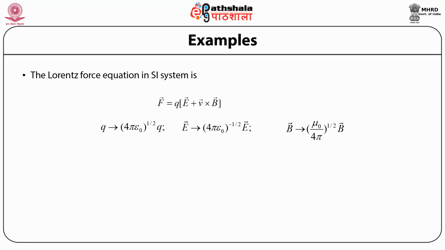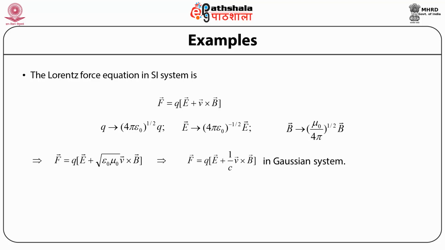Hence in Gaussian units we get F vector equals Q bracket E vector plus under root of epsilon naught mu naught into V vector cross B vector bracket close, or F vector equals Q times E vector plus Q by C V vector cross B vector.